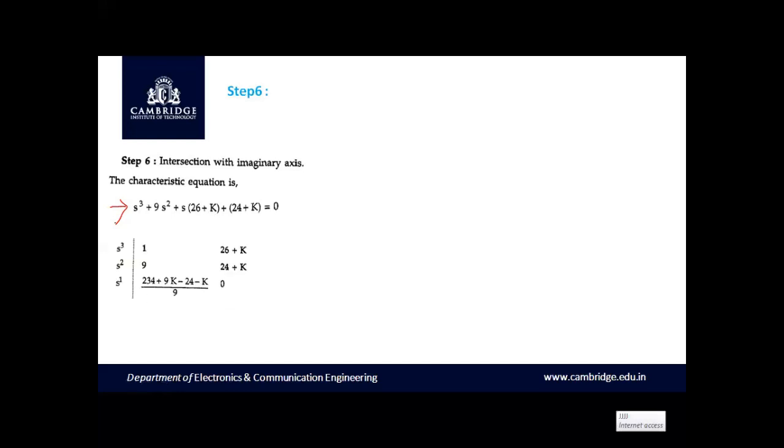Let us generate the Routh array, taking the coefficient of s cube, s square, s to the power 1, as well as s to the power 0. The first two rows, you know to fill up the first two rows. Taking the coefficient of s cube as 1, immediately below that you can write the coefficient of s square as 9. Then the s coefficient is 26 plus k and the constant 24 plus k.